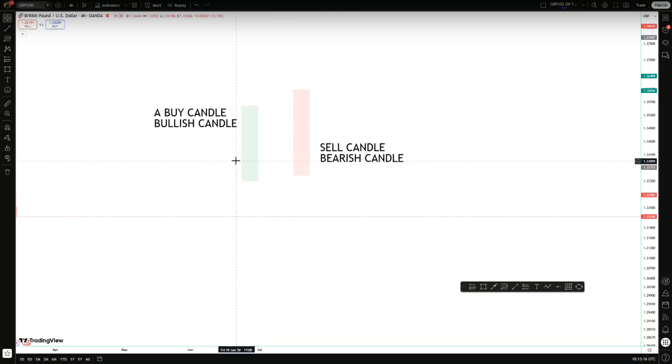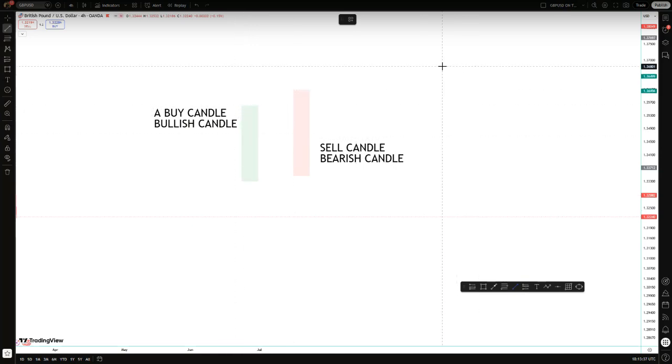Now that is what this is all about, having a buy and a sell candle. A candle is not just long like that. We have parts to a candle. Now what I drew is the full body.